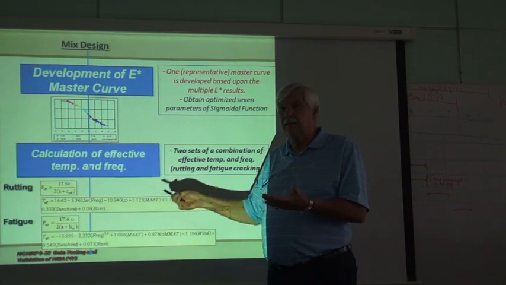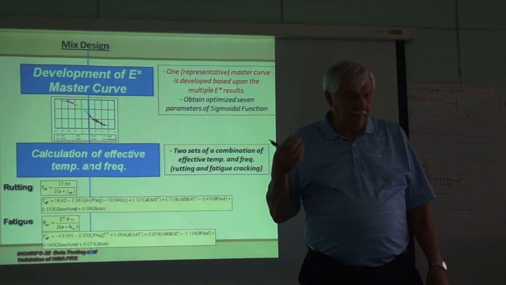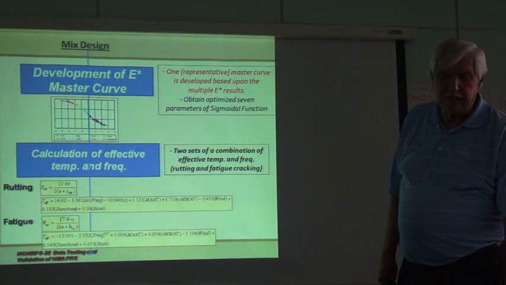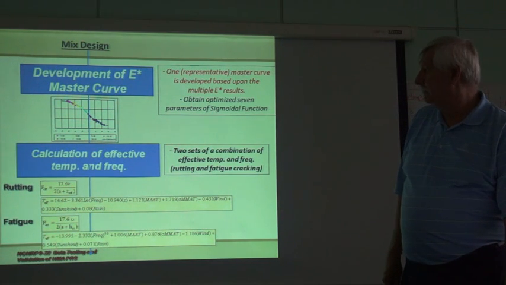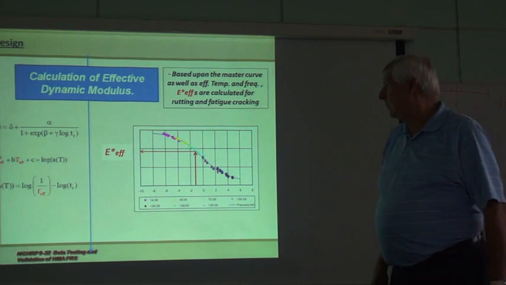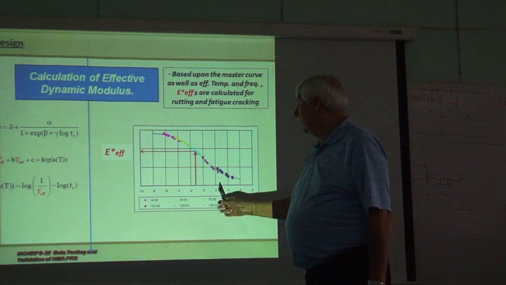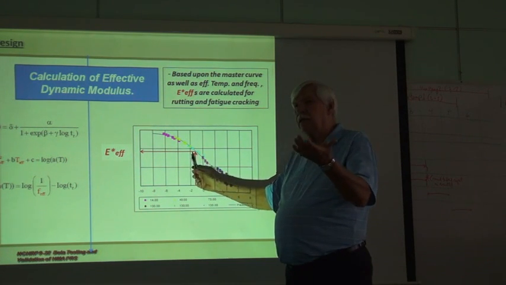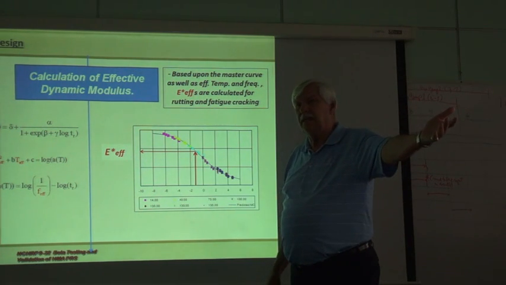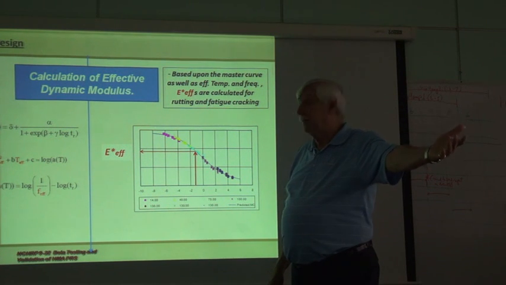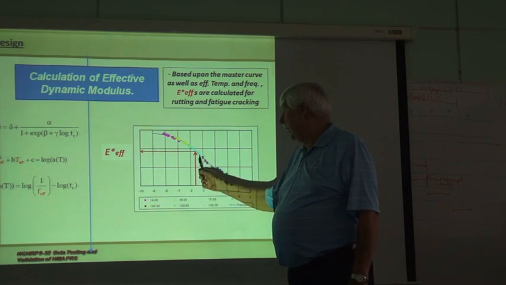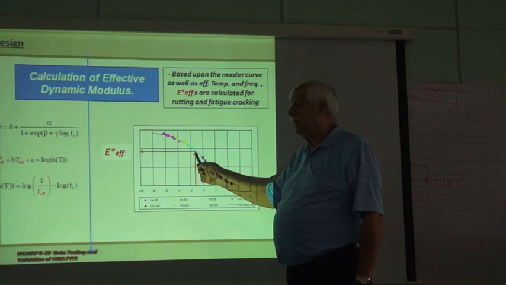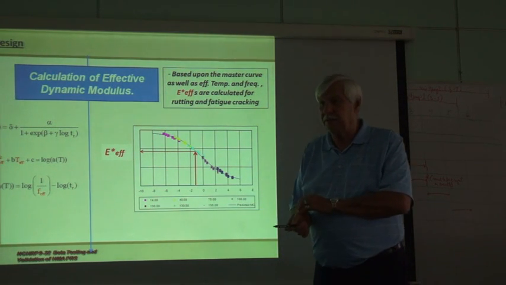I generate the effective temperature, effective frequency, and I can generate the effective modulus. Okay? So once I do that, I go to my master curve, and I will find, for Costa Rica in the southern part of San Jose on a given design project, this is going to be my effective E that I'm going to use.